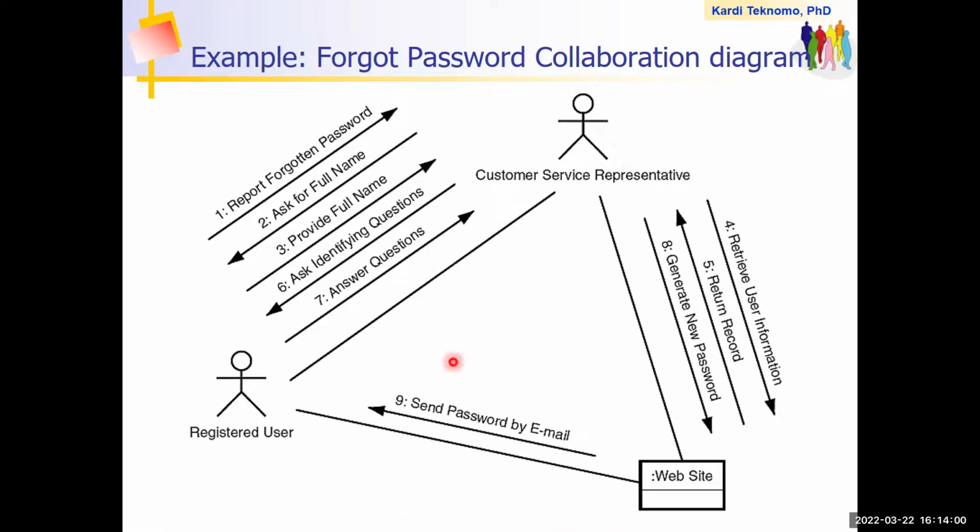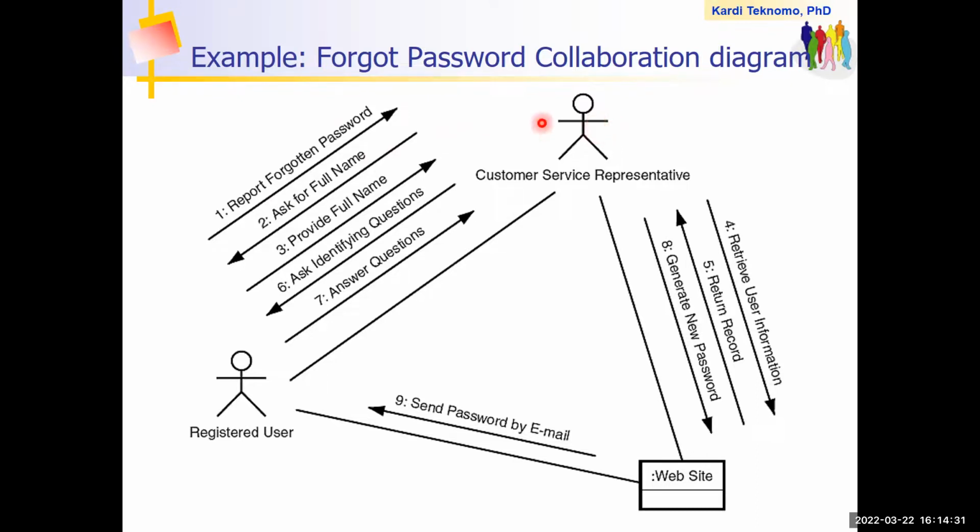If you look at this, first, you know there are two actors. One is the registered user. The second is the customer service representative. And there is a website here as the object. And then look at the steps. Number 1, the registered user reports the forgotten password to the sales representative.